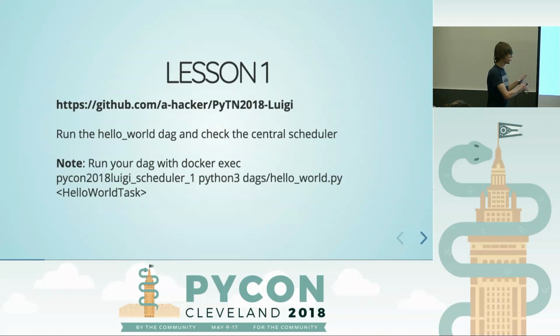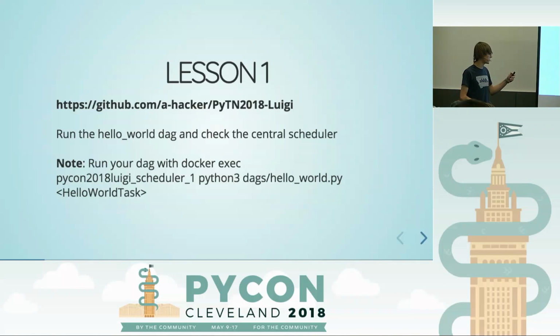So this is going to bring us to our first quick lesson. It's just a very basic one to make sure that we all are set up properly and can use this tool as it's intended. So if you haven't already, go ahead and pull down the repo and use Docker Compose to build your images. We also have some images on USB sticks, which will be a little bit faster to load up if you need them.